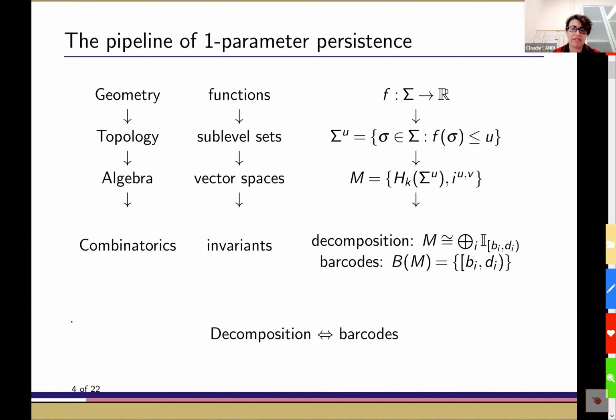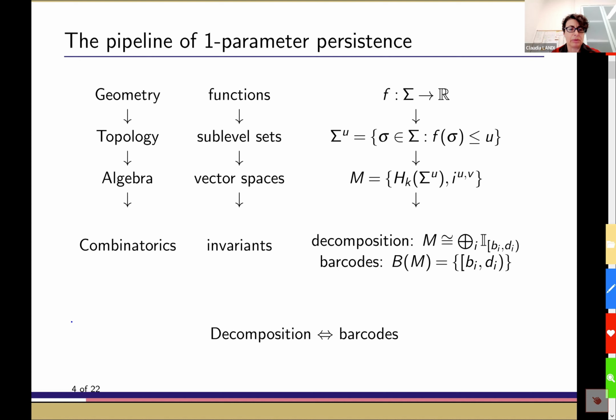If the function f is Morse, the endpoints b_i and d_i are critical values of the function corresponding to critical points that are paired by following the gradient of the function. And so the theory is also rooted in Morse theory.